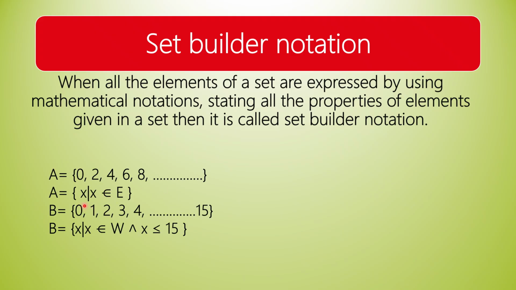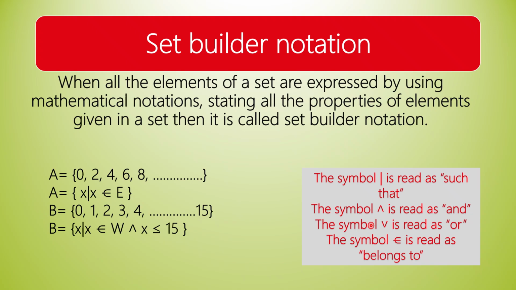As you can see here, we have x such that x, then we have this symbol, then we have these two symbols. Now let's understand what they mean. This symbol is read as such that. Here you can see the symbol is read as and. Here you can see the symbol like this is read as or. The symbol here is read as belongs to.